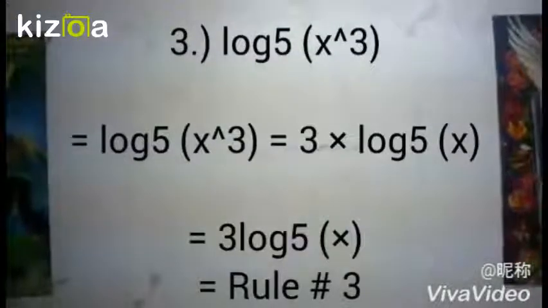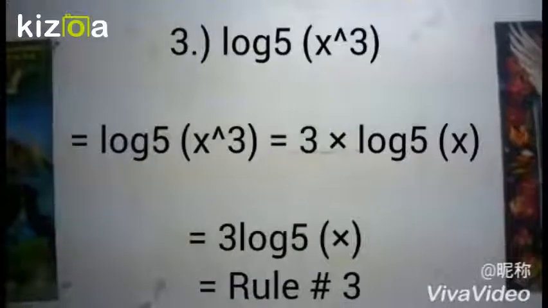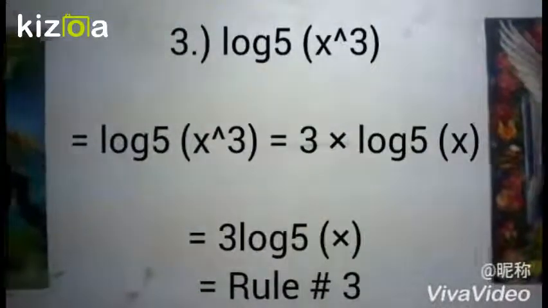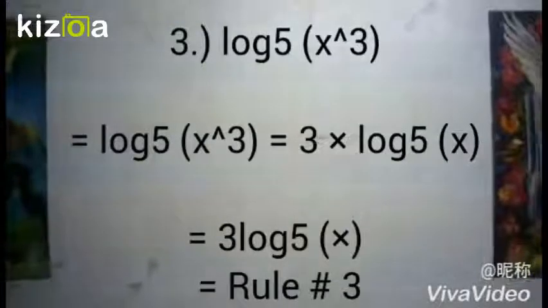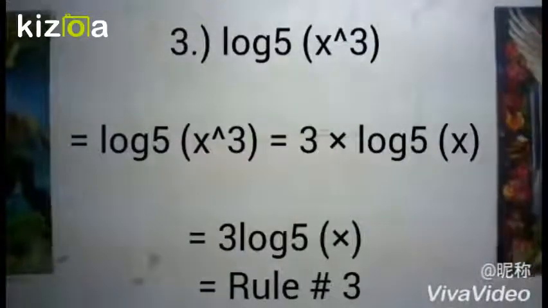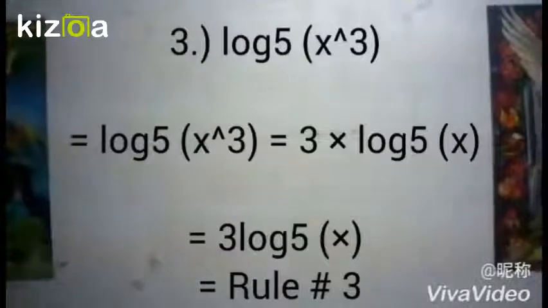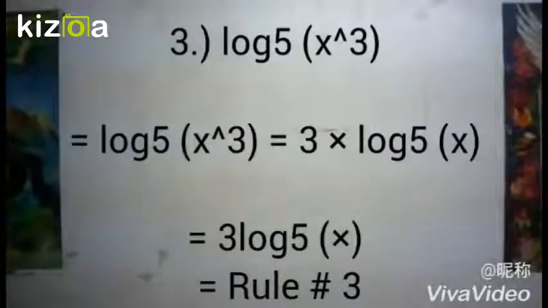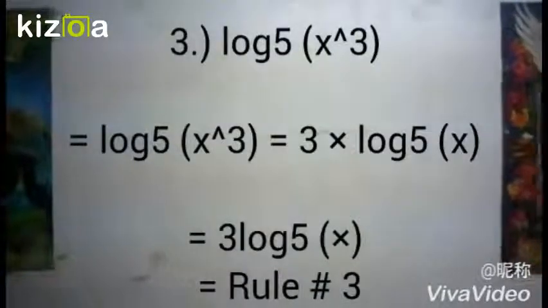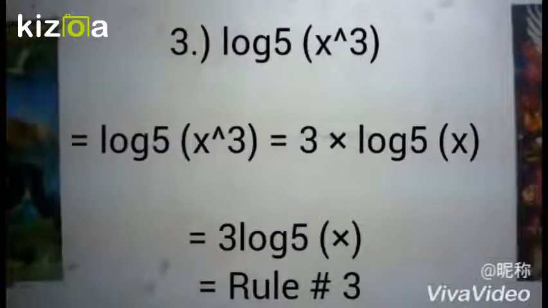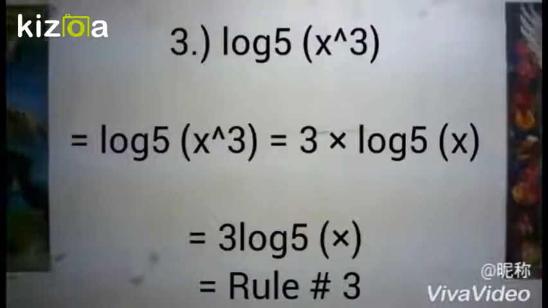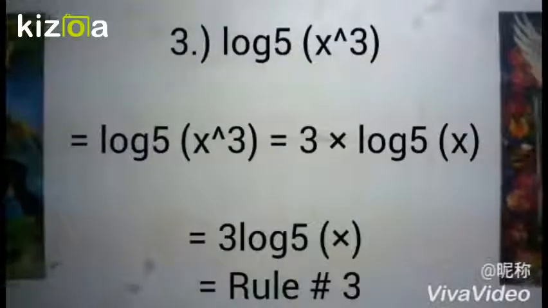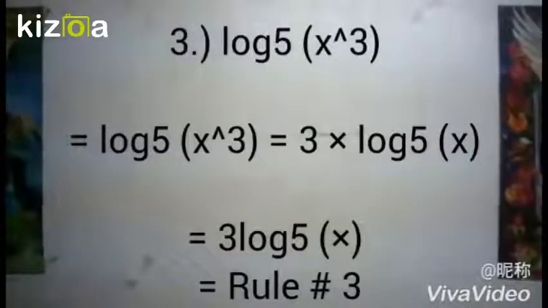Example number 3: logarithm of x raised to 3 to the base of 5. The exponent inside the log can be taken out front as a multiplier. So outside the log, it will become 3 multiplied by the logarithm of x to the base of 5.